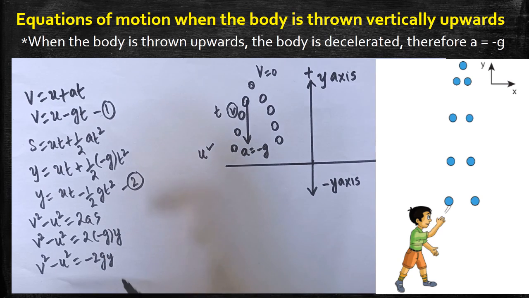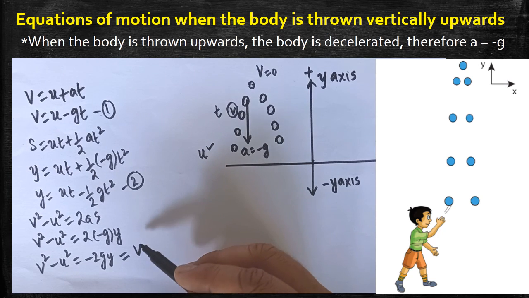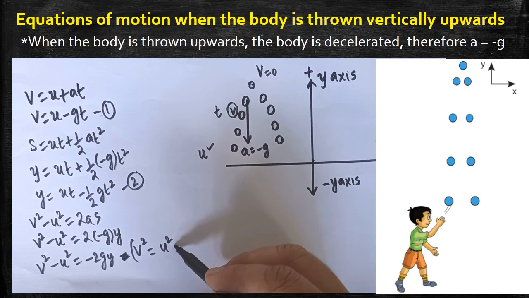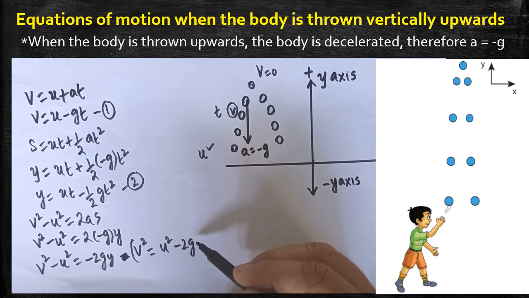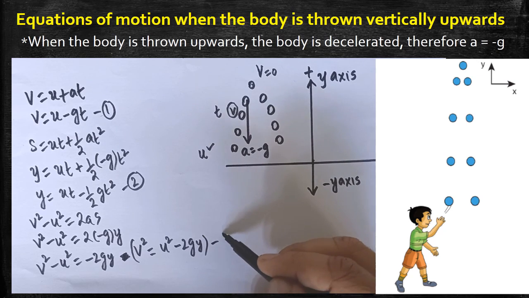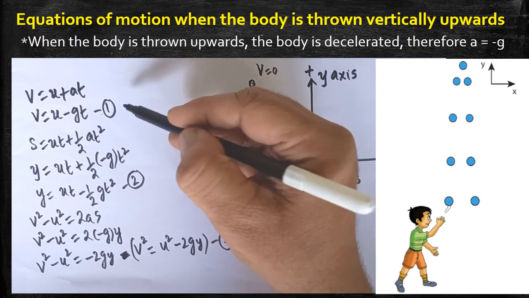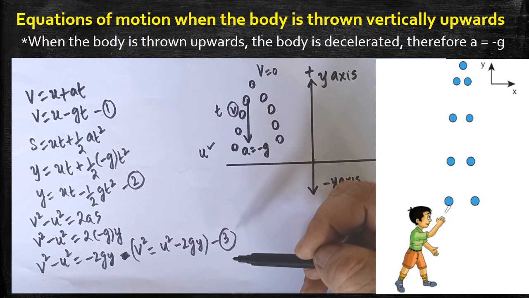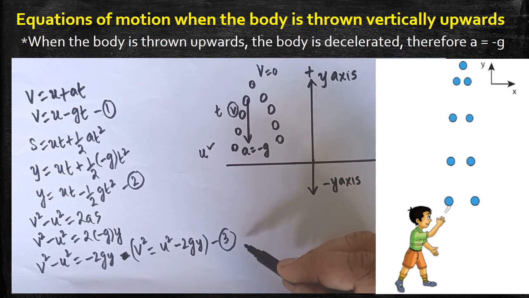So in that format we can write. This one could be written in another form also. v square can be written on one side, and you can write it as u square minus 2gy. So this is also called an equation of motion. So 1, 2, 3. These three equations are called equations of motion when the body is thrown vertically upwards. Understood?